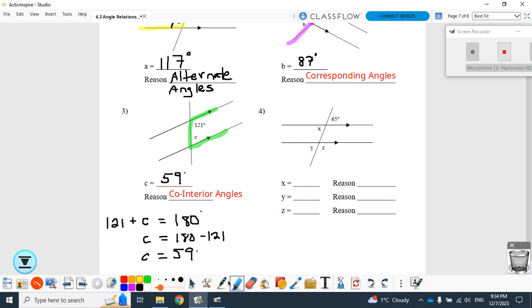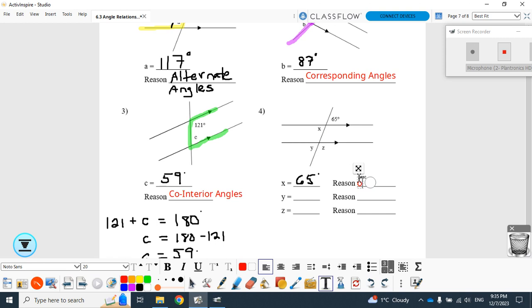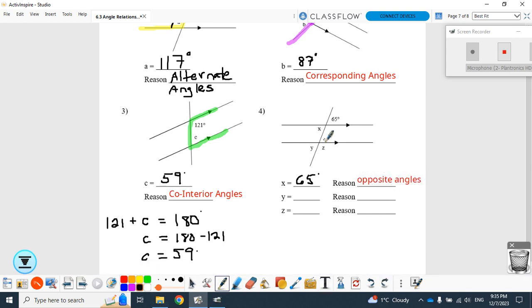Where do we start? Well, first I think we could start with X, because I think X is going to be 65 degrees. And the reason for that is opposite angles. 65 degrees.